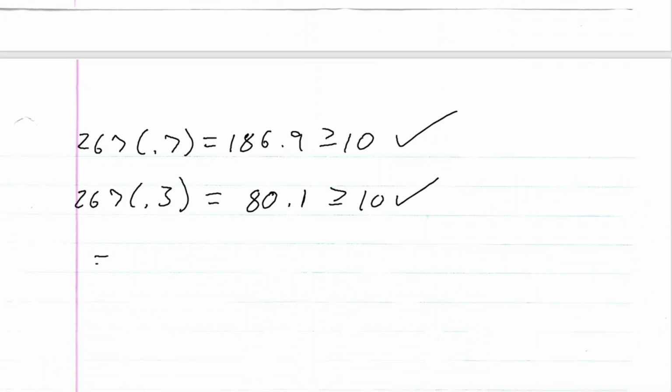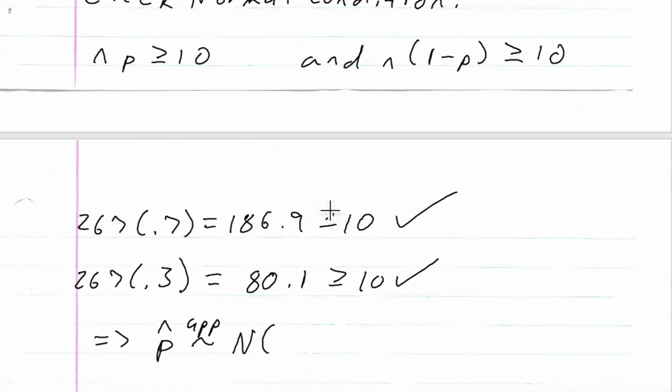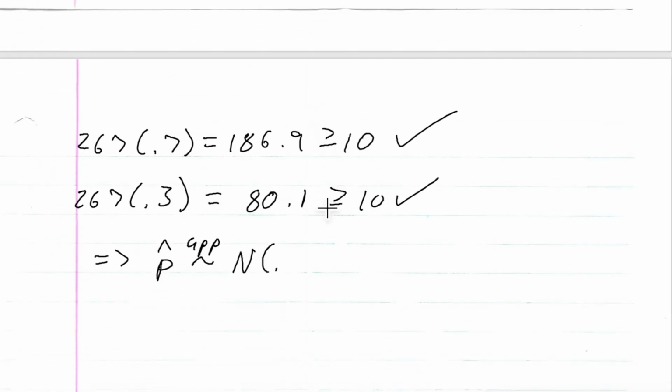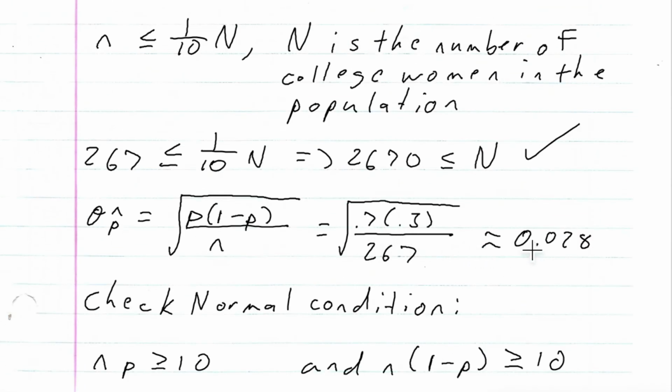So this does imply that p hat, the sample proportion, is approximately normal, with a mean of 0.7 and a standard deviation of 0.028.